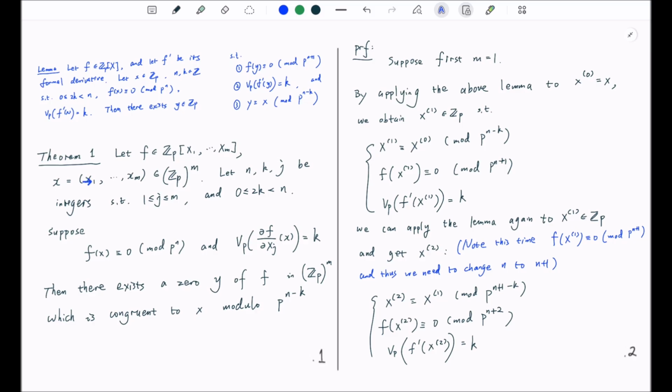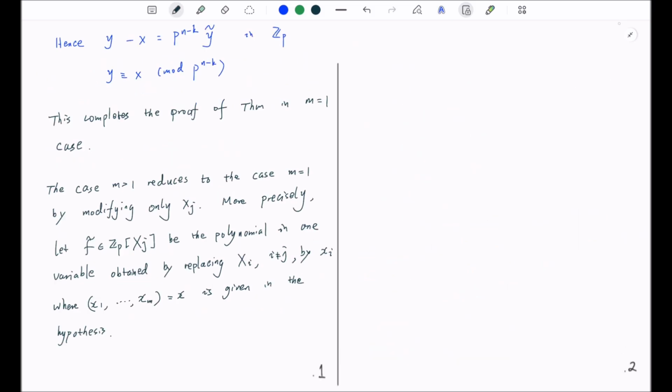So those little x1 through little xm are given in the hypothesis. And we're going to replace all the variables of f except for the jth component by little xi. What has been proven above for the single variable case can be exactly applied to this single variable f tilde and capital Xj equal to little xj.